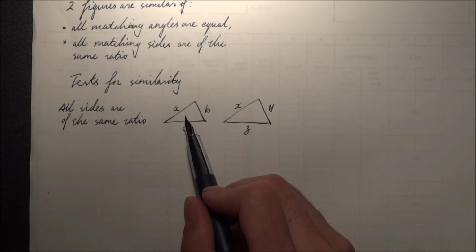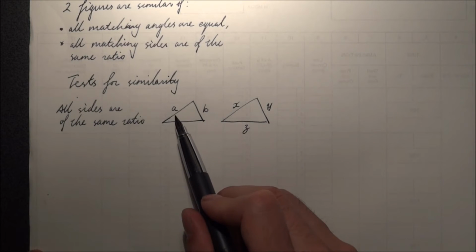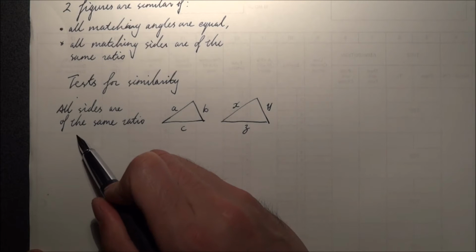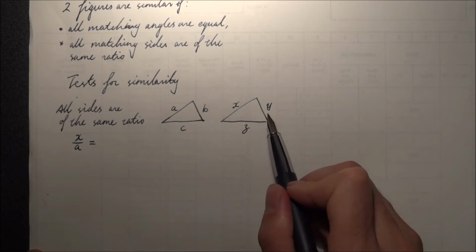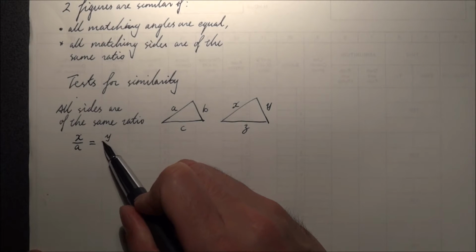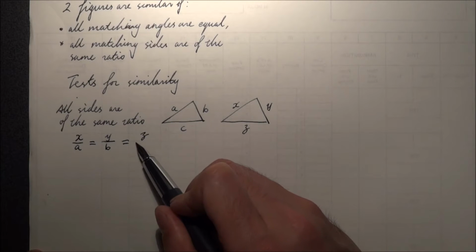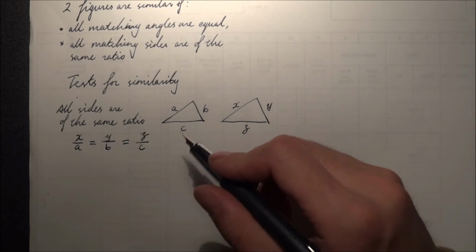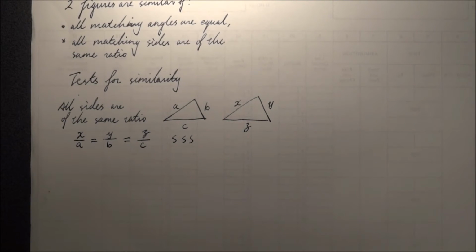A matches with X, so X over A has to equal Y over B, which has to equal Z over C. We call this side, side, side, which is very similar to congruence.